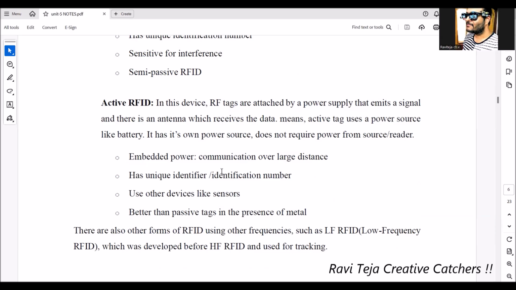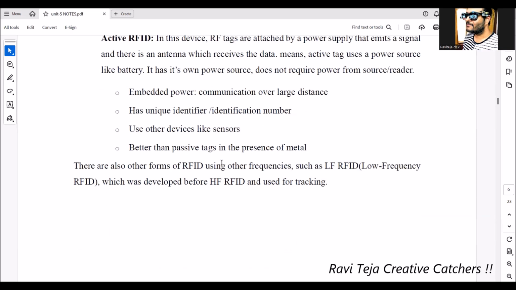As I've said, it is used for a large distance. It has a unique identification number, so it can be interfaced with several sensors, and generally these active RFID tags are used for detecting speed zones, or alerting the driver about the speed limits. All these kinds of applications are used. Okay.